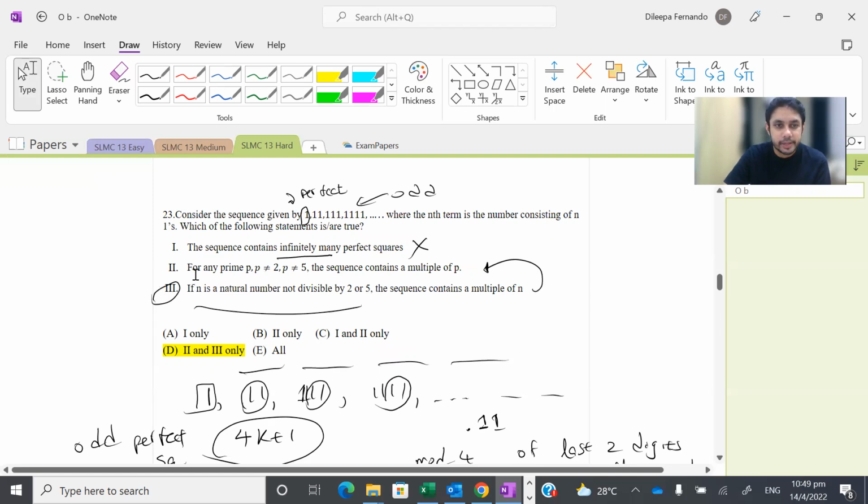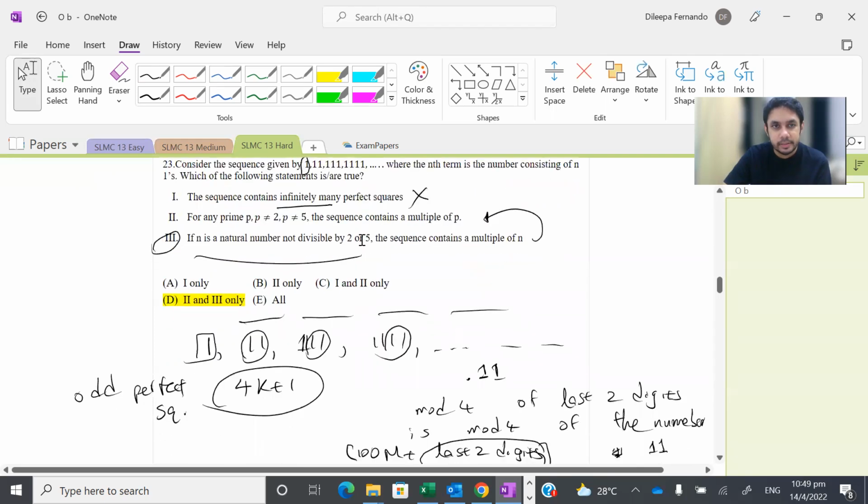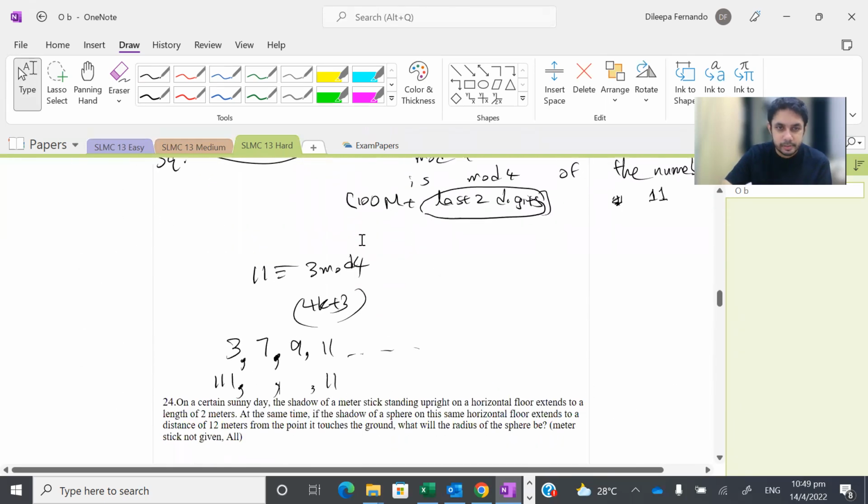So we are trying out something here. Let's say that we choose any n plus 1 numbers from the sequence, any n plus 1.